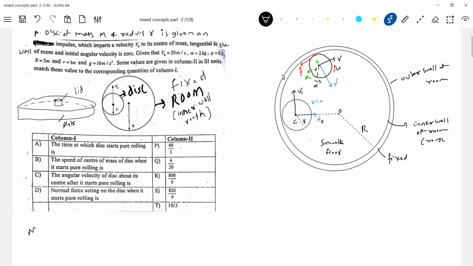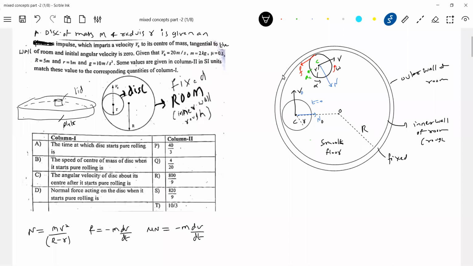N is equal to mv square by (R minus r), since the distance OC is equal to R minus r. Then the friction will deter the motion of the center of mass: F equal to minus m dv by dt. F should be equal to mu N, so mu N equal to minus m dv by dt.